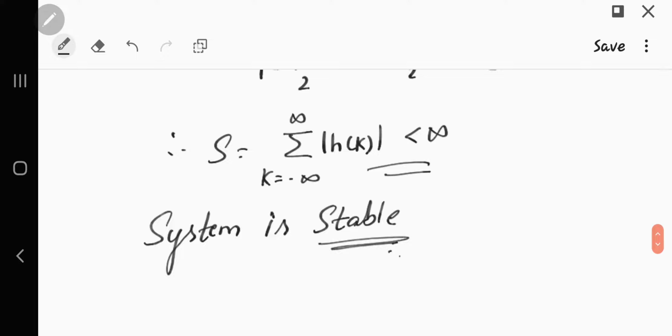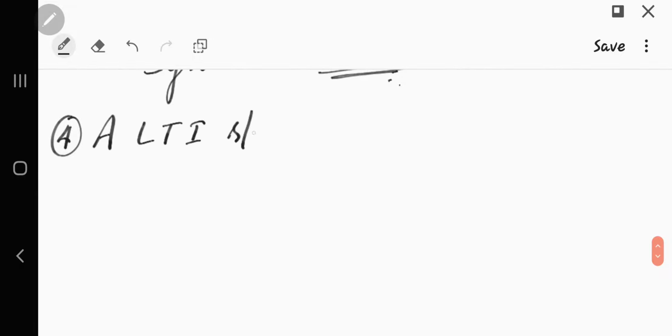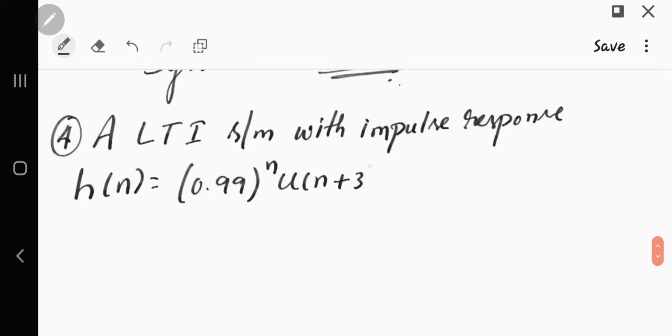Okay, so let's move on to one more example here. In this problem, it is given that an LTI system with impulse response h of n is equal to 0.99 to the power of n u of n plus 3.